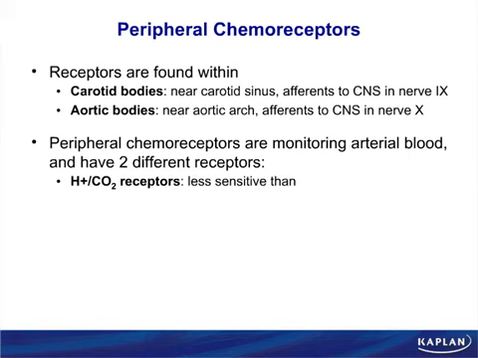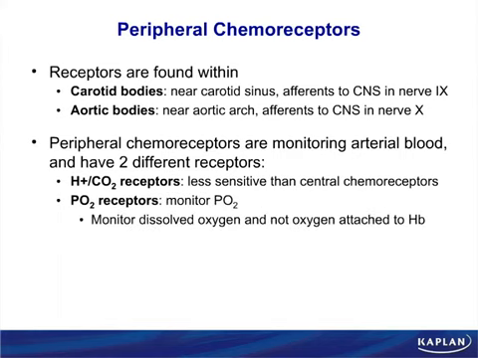They have receptors for hydrogen and CO2. They're not as big a player in the steady state response, but you should recognize they respond to hydrogen ion and CO2. They also respond to oxygen. So they're going to monitor blood PCO2, blood hydrogen, and blood PO2.